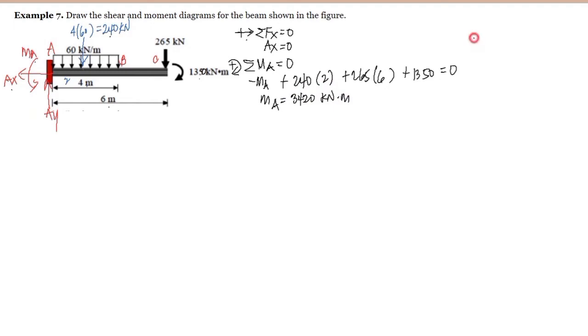And if we are going to summate forces vertical is equal to 0, taking the upward direction as positive, we have here the AY, assumed directed upward, so that's positive. This 240 here is downward, so it's negative 240. We have the 265 here downward, so that's negative 265. And this couple is not included because we are summating forces vertical, so this can only be considered in summating the moment, and this is equal to 0.